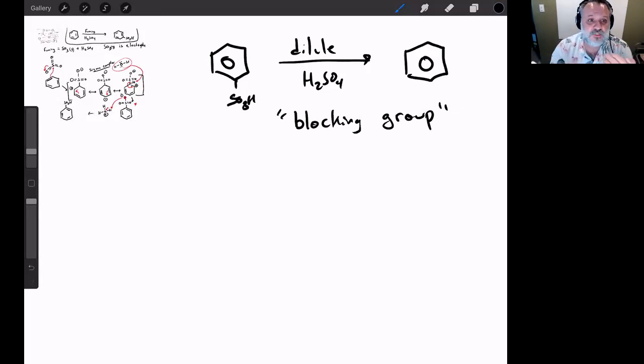In the forward direction, we use fuming H2SO4 that produces the sulfonated aromatic. If I use dilute H2SO4, then I go the other direction and remove the sulfate group. So that's what we're going to be using that for later on down the road, but we're not going to learn about that today. We're going to save that for the next lecture.